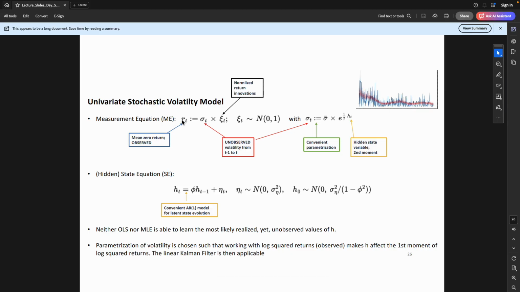So the measurement equation is what you measure, R_t. And it has a state equation which is a model of how the hidden state variable moves across time. So kind of in rocket science, I could have R_t is the measurement of the position, and h_t could be the real position of the rocket, or it could be the speed of the rocket, whatever is kind of important. In our case here, it will be the volatility, h_t.